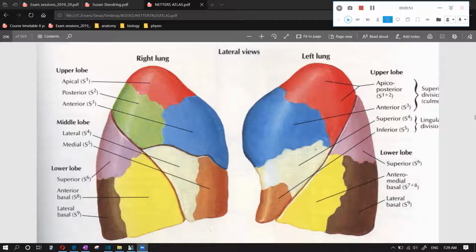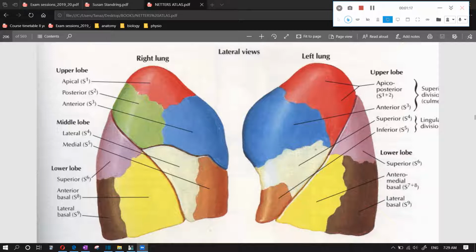So, as we can see here, another thing that you can notice is that the left primary bronchus is quite smaller in diameter as compared to the right primary bronchus, and it's more horizontally aligned, and it's not quite as steep as compared to the right bronchus.